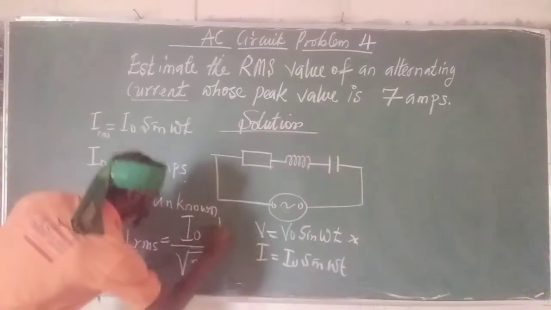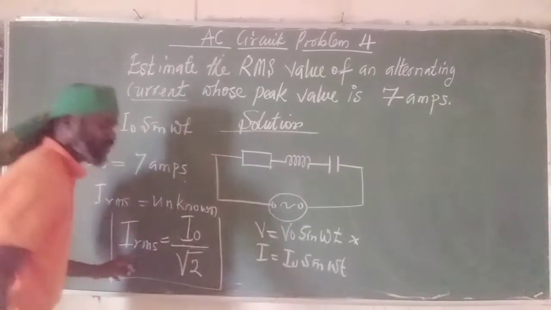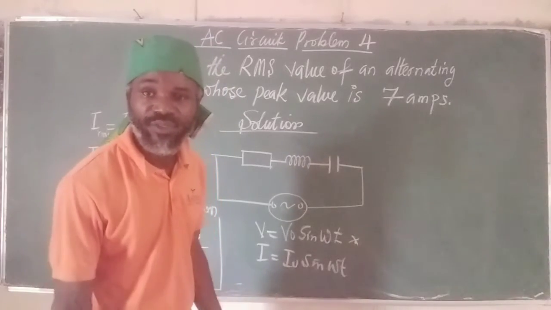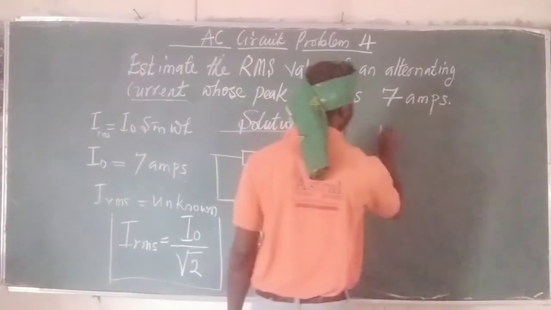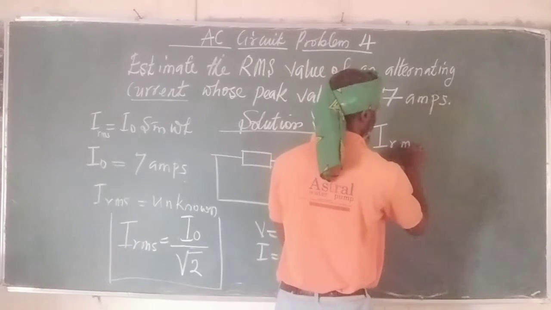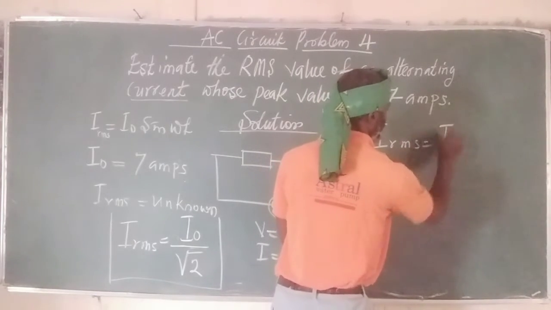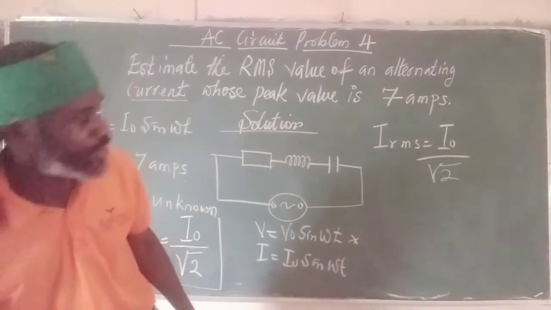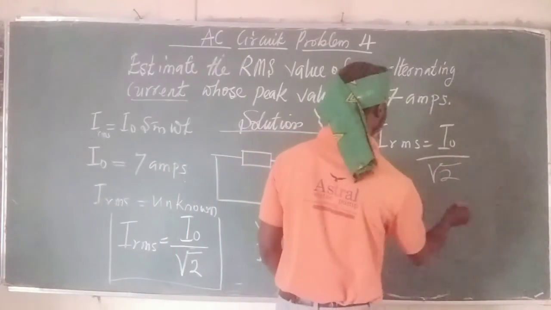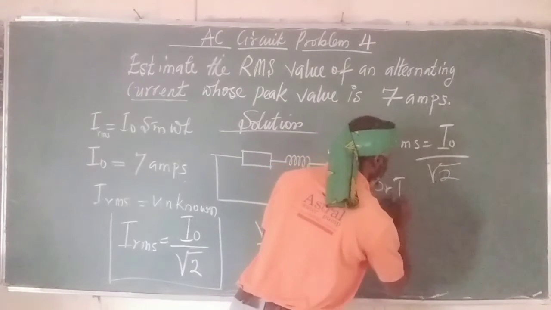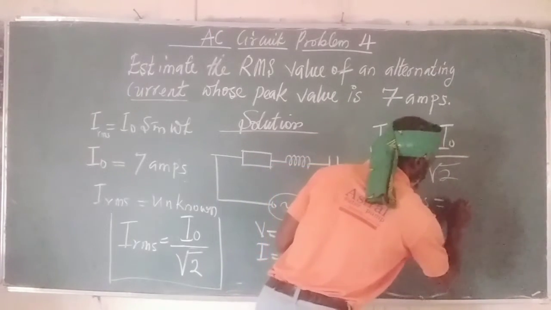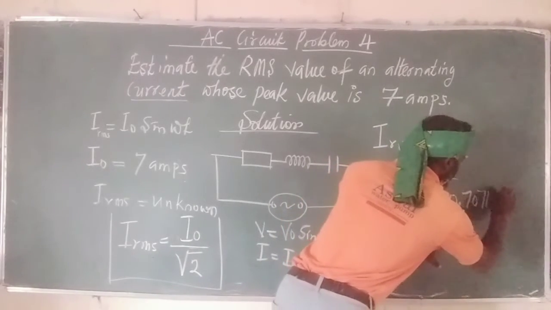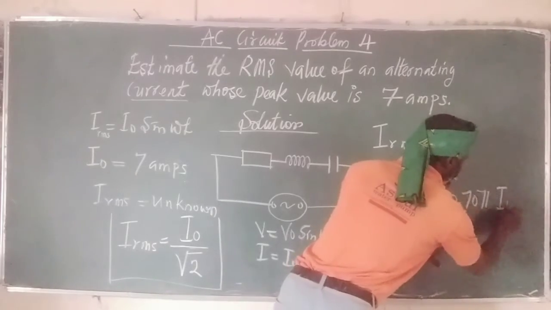Taking care of this relation, we find the value. The value we are going to find is something we know how to do. So if we have gotten to that point, I RMS is equal to I naught all over root 2, okay? It means we should substitute. I RMS is equal to 0.707 times I naught.